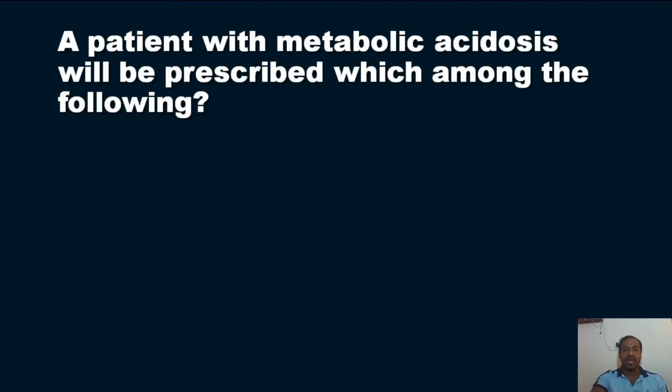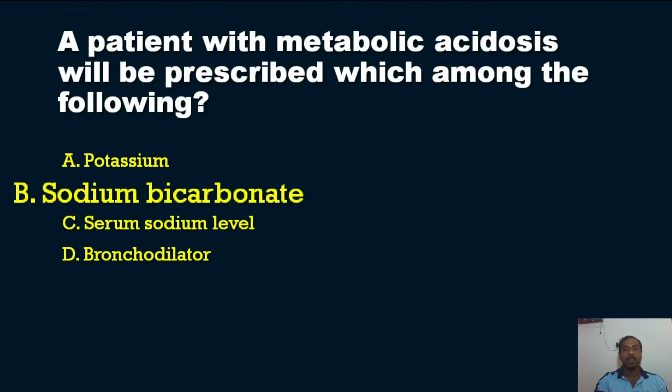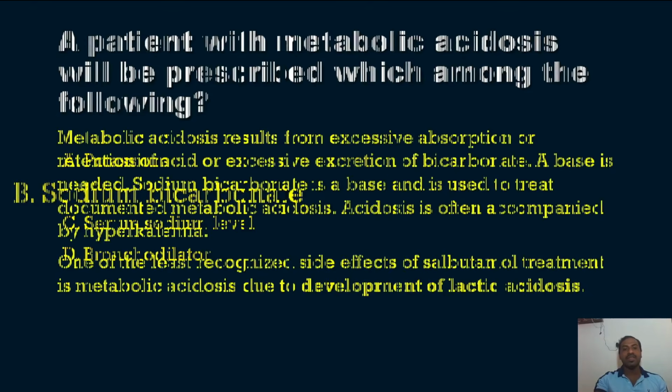Our options are: first potassium supplementation, second administration of sodium bicarbonate, third checking serum sodium level, and the final one bronchodilators. So what is the answer? Which one will be prescribed for a patient with metabolic acidosis? So our answer is definitely sodium bicarbonate. Okay, so we will see in detail.